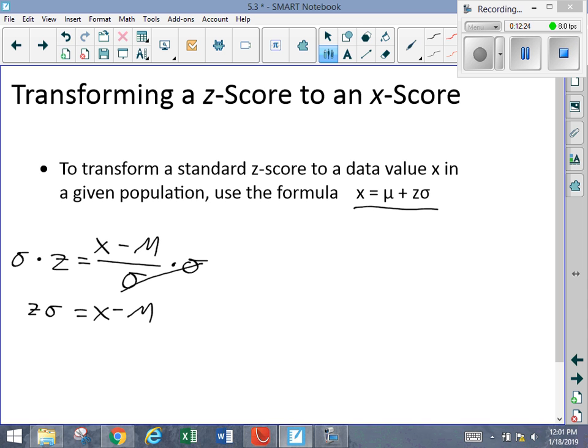I add the mean to both sides, or mu. So I have z times my standard deviation plus mu equals x. That's where that thing comes from. It's just a different version of that formula that we see. Just solve it for x.